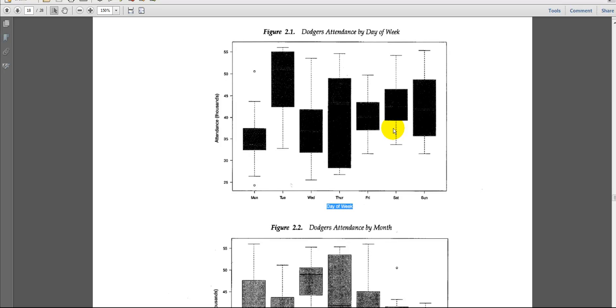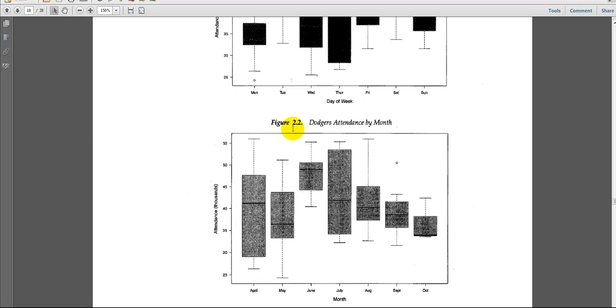We can't say, oh, on one day it was this way and on another day that way. So there would be no point in including it in what we're going to do in terms of making a prediction, in terms of making a regression model. But here it suggests that it definitely varies by day, and so we want to include day of the week as a variable. In fact we're going to have to include all of these as separate variables, but you'll see that later.